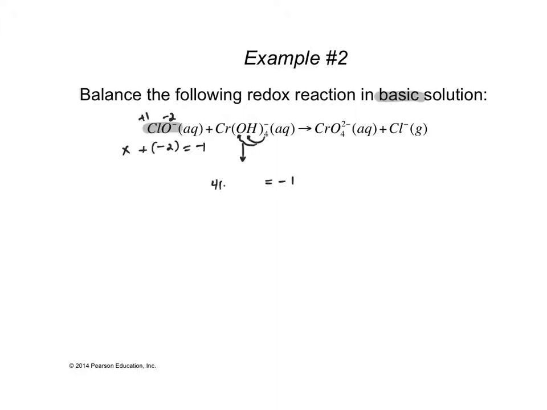So we have 4 times -2 plus 4 times +1 plus X overall. When we solve for this, X minus 8 plus 4 equals -1. So chromium has to be +3 here. Oxygen, again, is -2, and hydrogen is +1. We move over to the products.